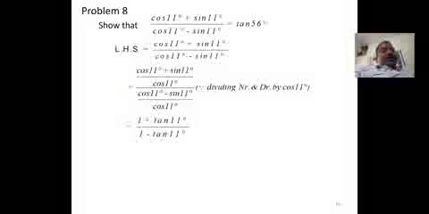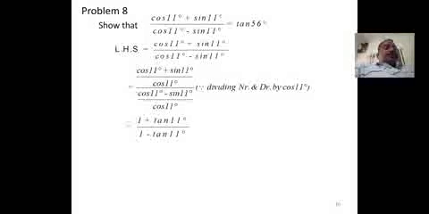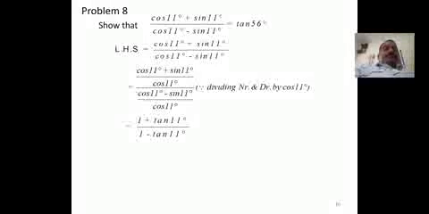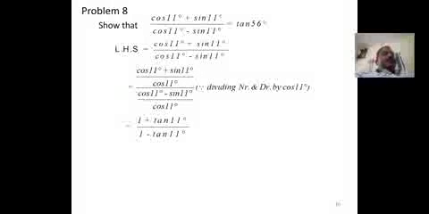Here you can write this directly as tan (45 plus theta), where theta is 11 degrees. In the numerator, 1 plus tan 11, this 1 you can write as tan pi by 4, tan 45. And in the denominator, 1 minus tan 11, consider it as 1 into tan 11, that 1 you can replace with tan 45. Therefore (tan 45 plus tan 11) by (1 minus tan 45 tan 11).